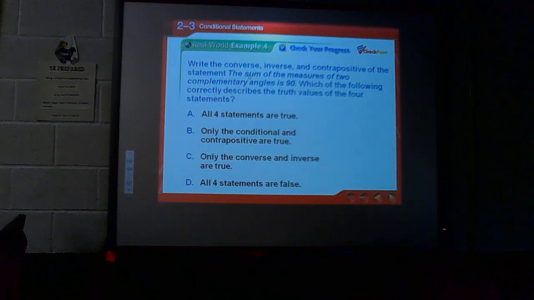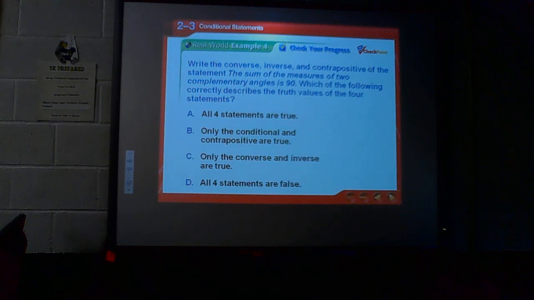If two angles are not complementary, then their measures do not sum to 90 degrees. Again, this would be true. I realize that we're going through this without actually writing it down, but when you take the time to write this down, you would see that that's exactly what you would have and that it would be true. And then the last one is the contrapositive.